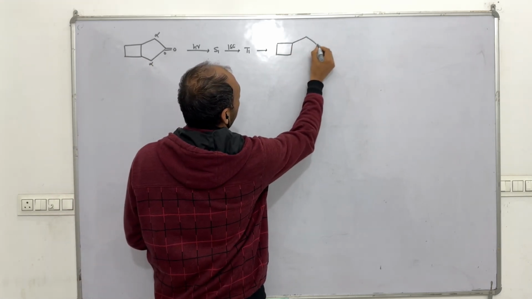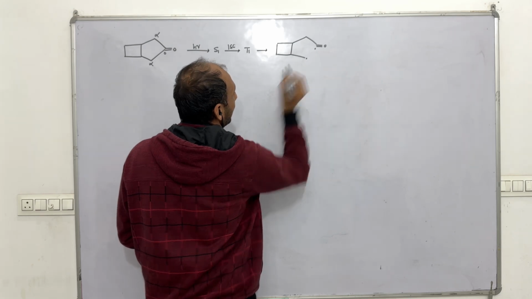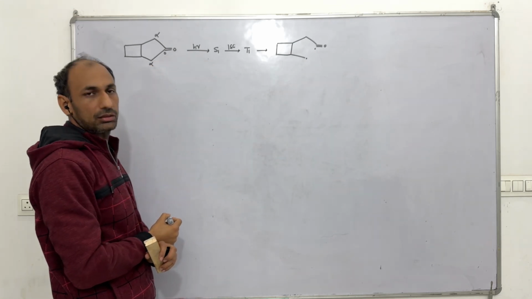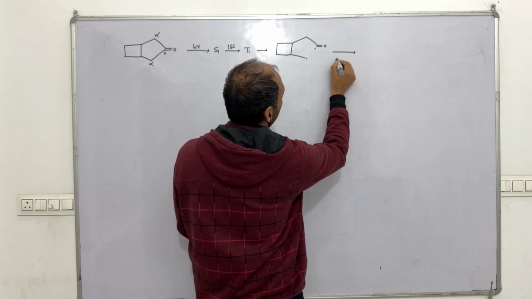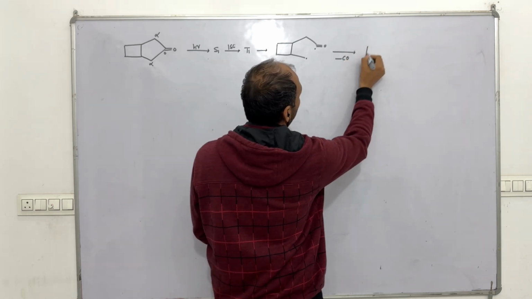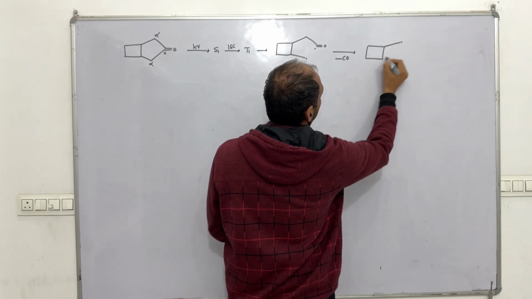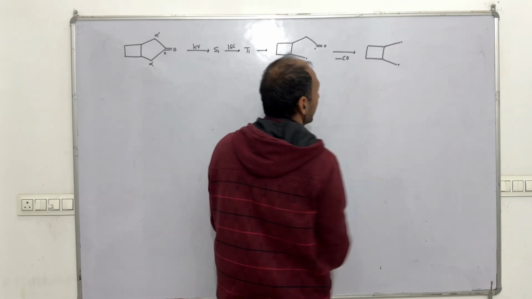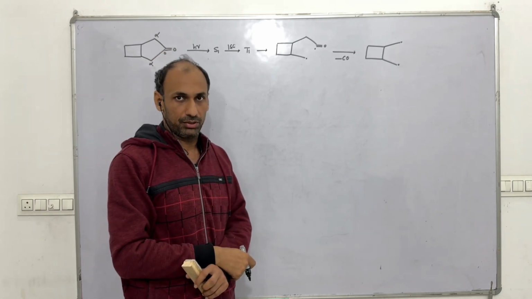So we have it open like this, and then minus CO. All right, now a diradical is formed.